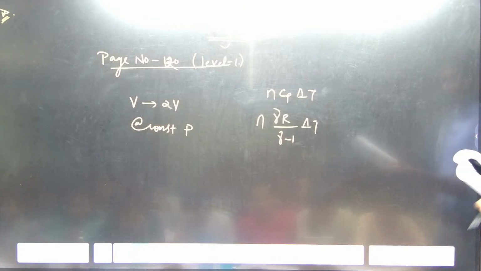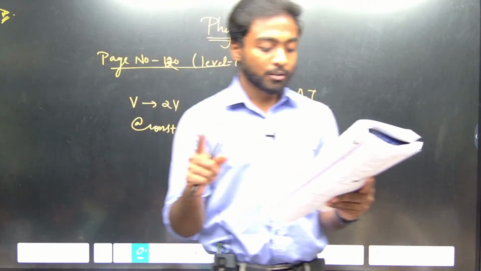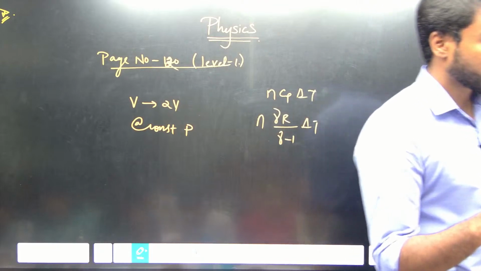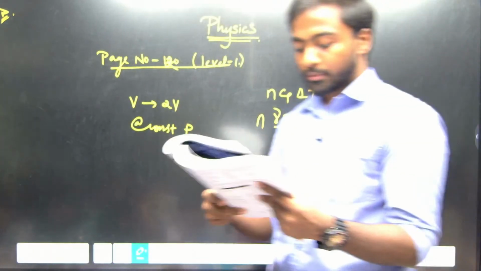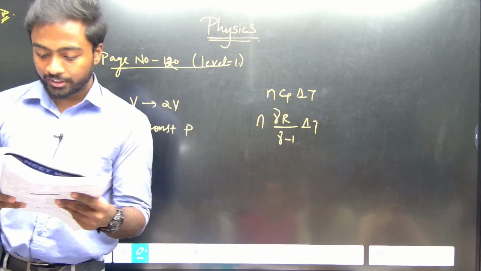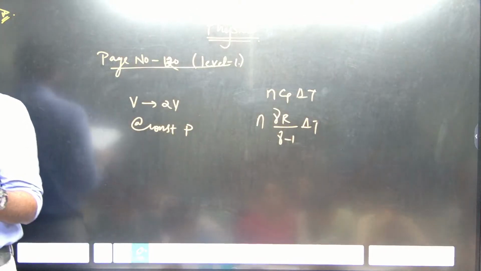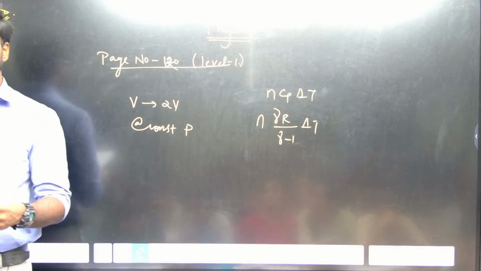So for the third question we got the formula. Fourth question: an ideal Carnot engine whose efficiency is 40 percent receives heat at 500 Kelvin. If its efficiency is 50 percent, then the intake temperature for the same exhaust temperature will be. So what is the efficiency formula?